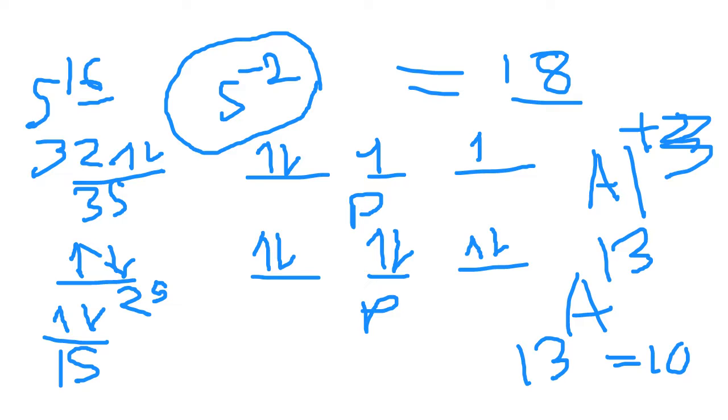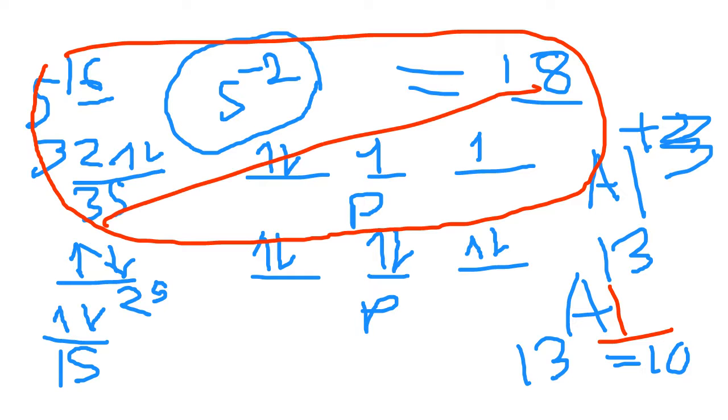If you do the 10, I will not write all. I will just change the color to show the aluminum. So let's consider the aluminum 10 in red. So 2, 4, 6, 8 and 10. So it will be diamagnetic.